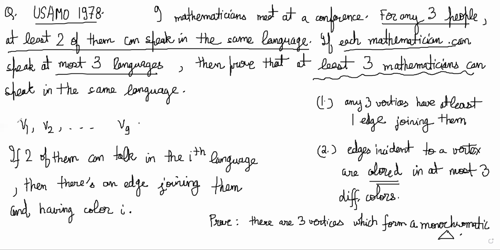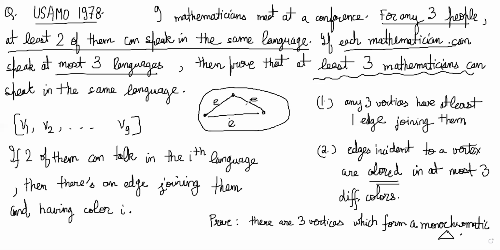Basically, we have to prove that between V1 to V9, at least there are some three which form a triangle like this, where all three are of the same color. Let's say English, English, English. Then these three can speak the same language, right? We have to prove that there will be a monochromatic triangle, a one color triangle, in this group of 9 mathematicians, right? So let's get down to it.